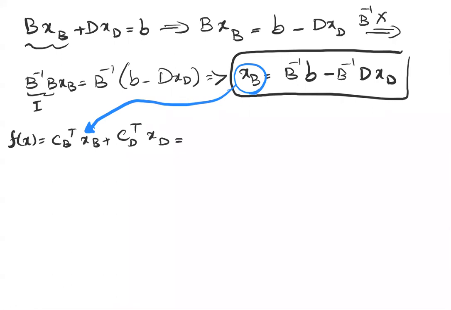So it's going to be C_B transpose (B inverse b minus B inverse D X_D) plus C_D transpose X_D.